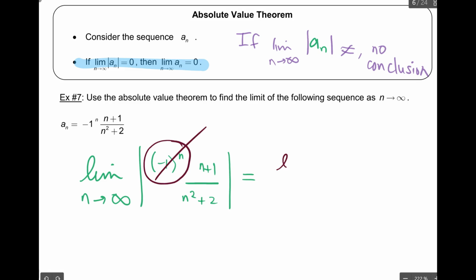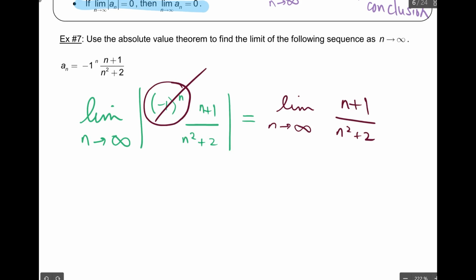So this is the same thing as the limit as n approaches infinity of n plus 1 over n squared plus 2, because this is just flipping sign every time.